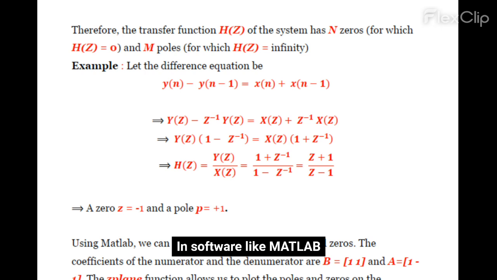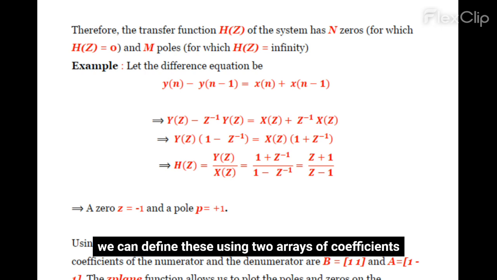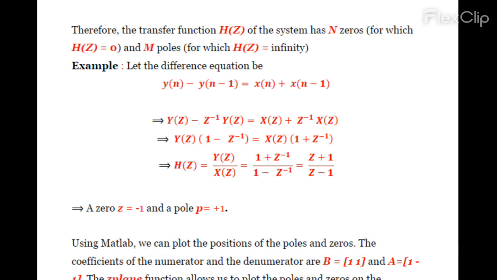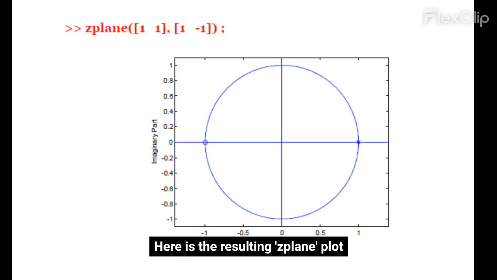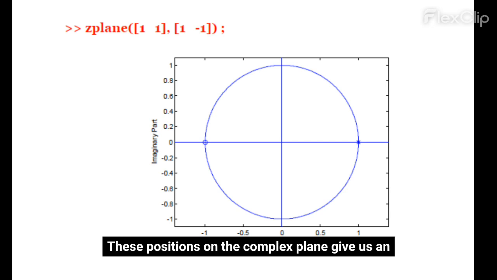In software like MATLAB, we can define these using two arrays of coefficients, a and b, and visualize them using the zplane function. Here is the resulting zplane plot. The O represents the zero at -1, and the X represents the pole at +1.